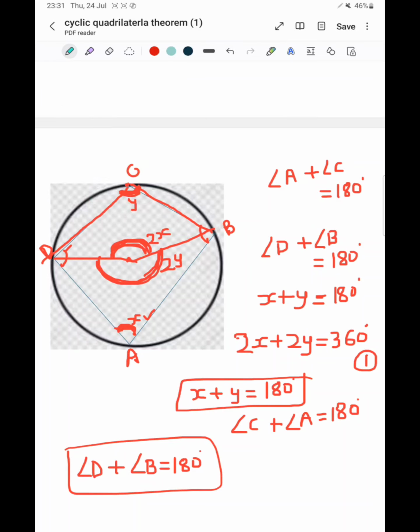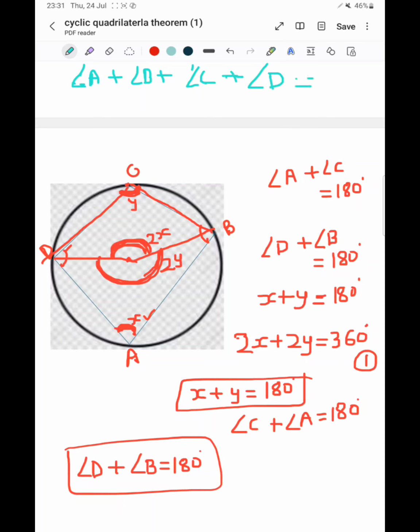Because this is a quadrilateral, cyclic or not, it follows one property: the sum of all four angles is 360 degrees.